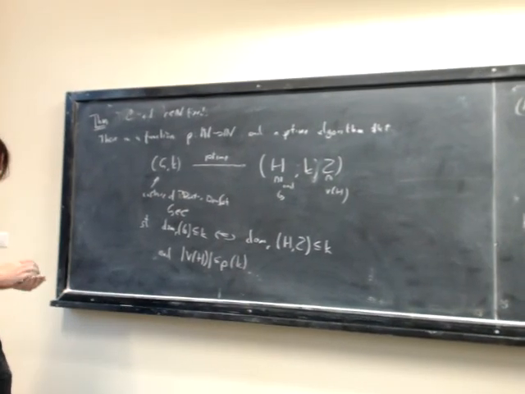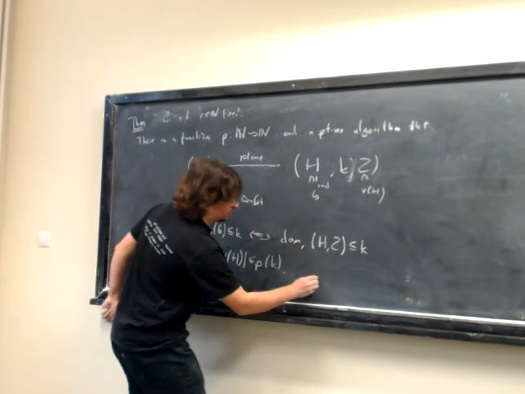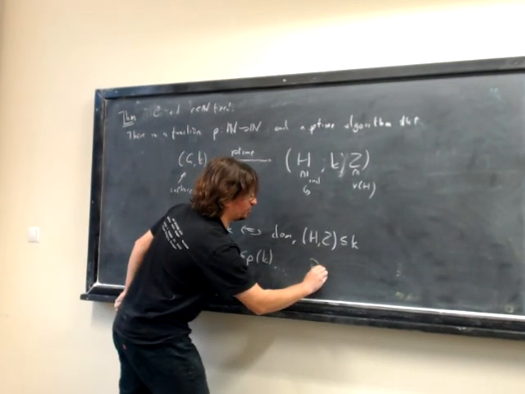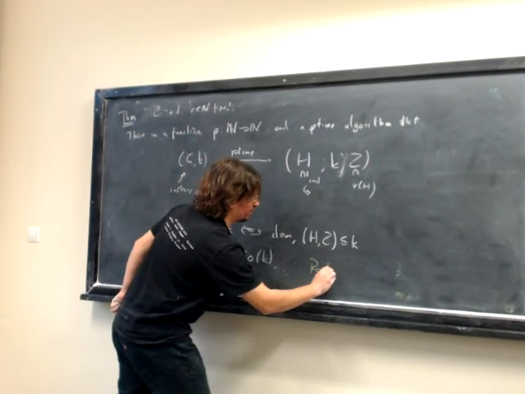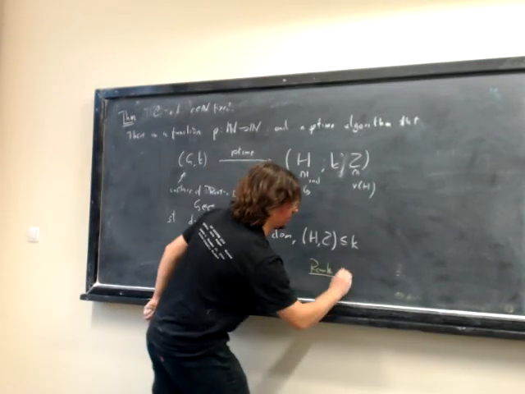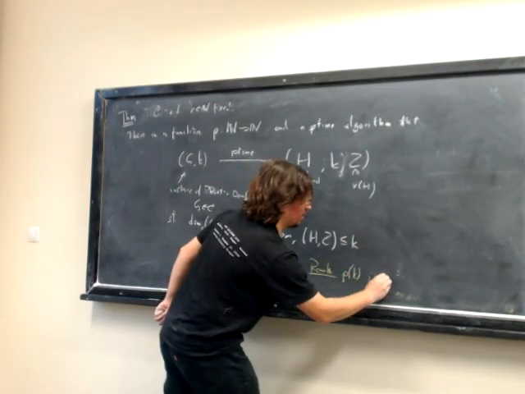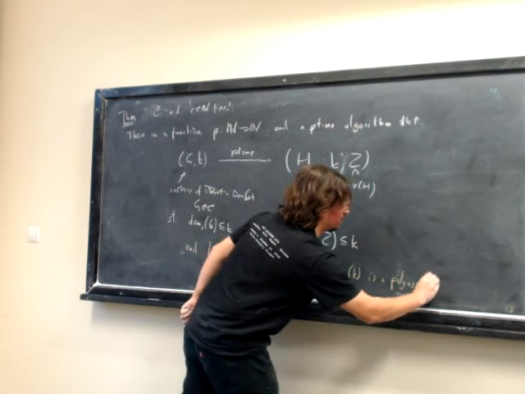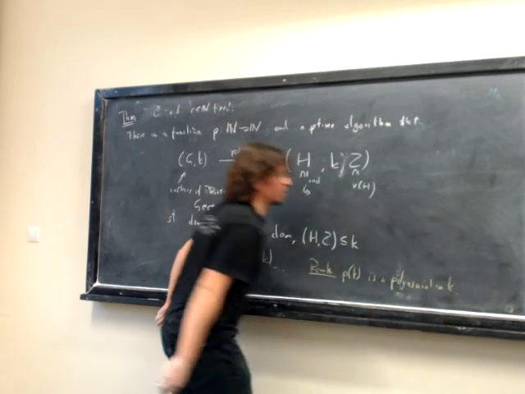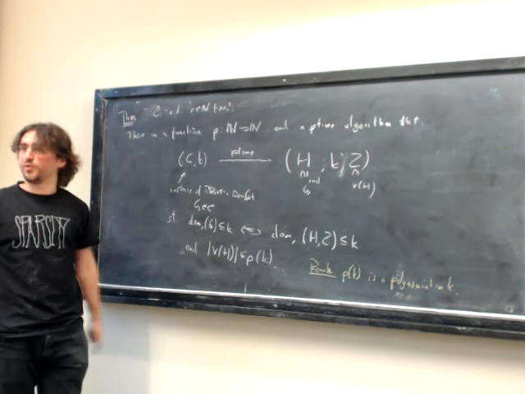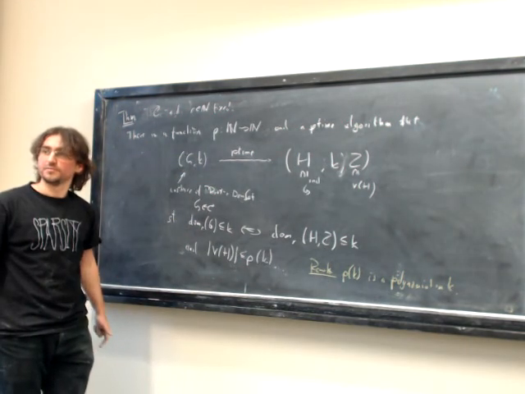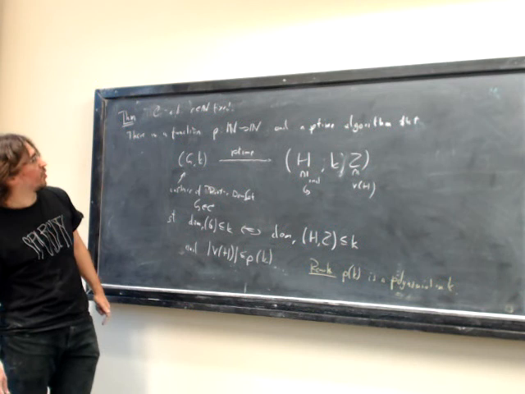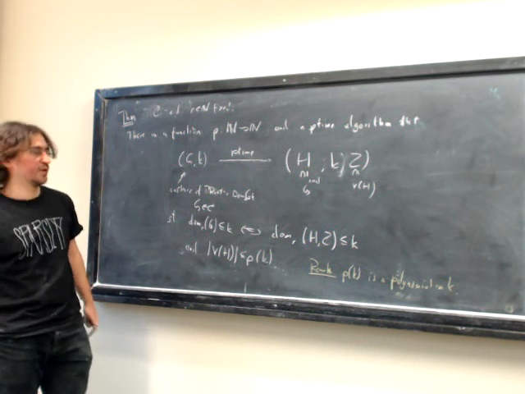So I've got this remark that p of k is a polynomial in k. Yeah? So we actually obtained in this way a polynomial kernel for distance R dominating set on any lower dense class.